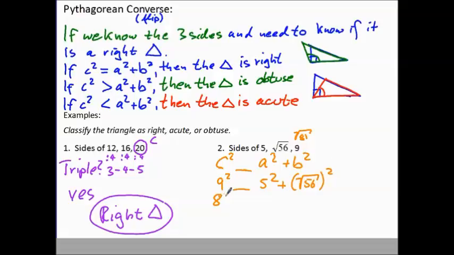So we're talking about 81 compared to 25 plus, and remember, squaring and square roots cancel each other out, and we get 56. 81, 25 plus 56 is 81. So yes, these two numbers are equal. That means we have a right triangle. All right.